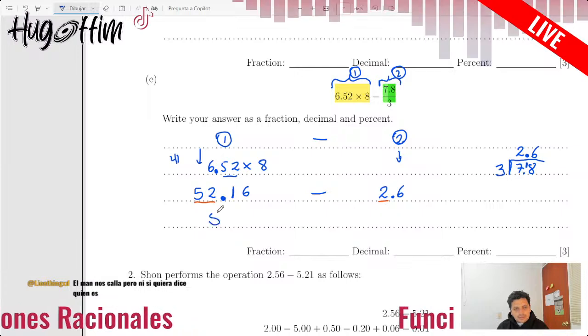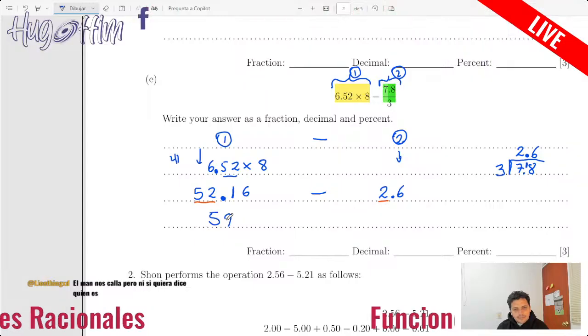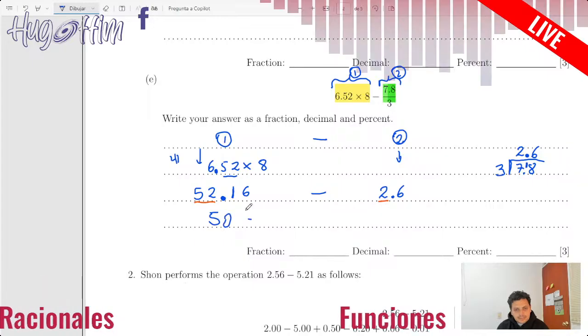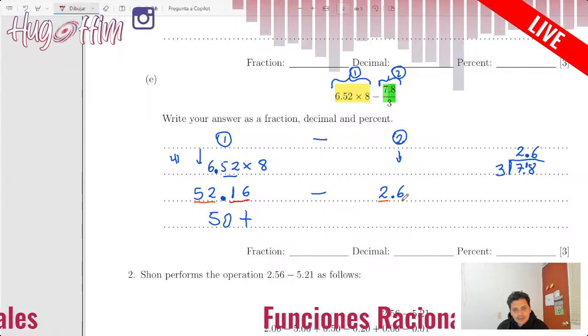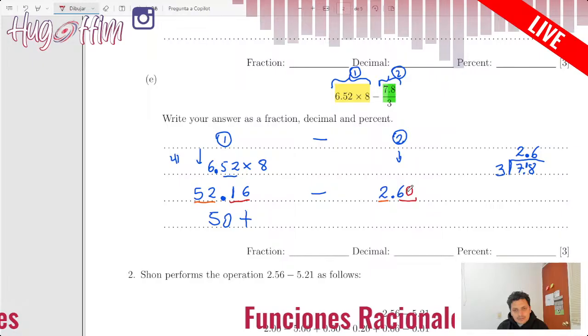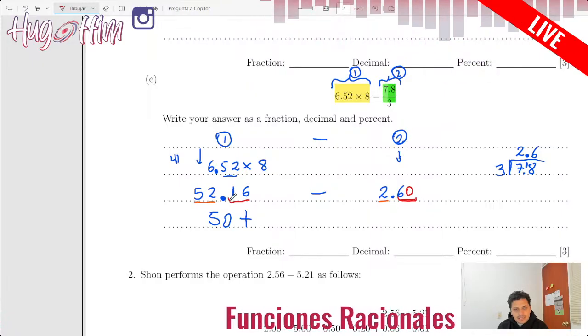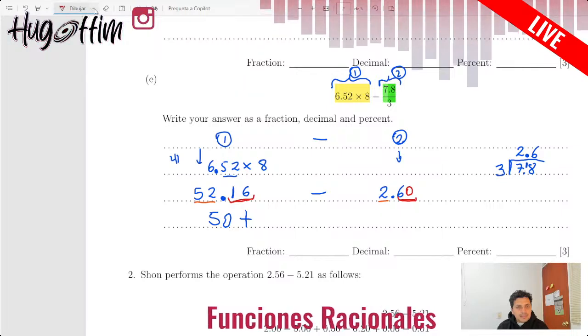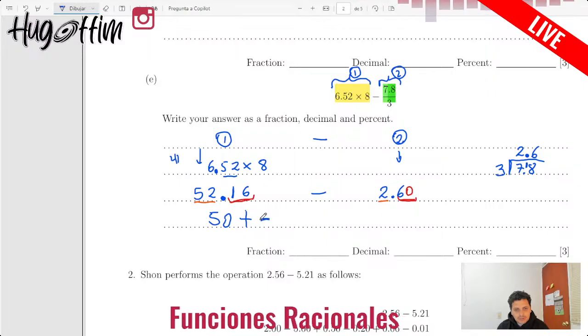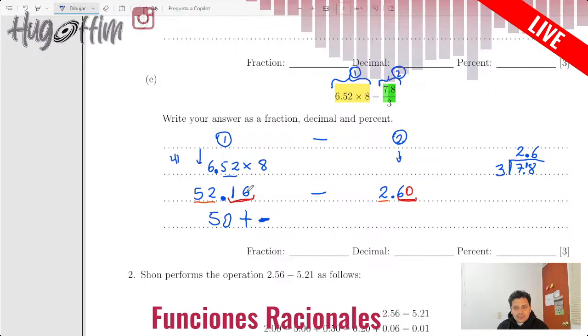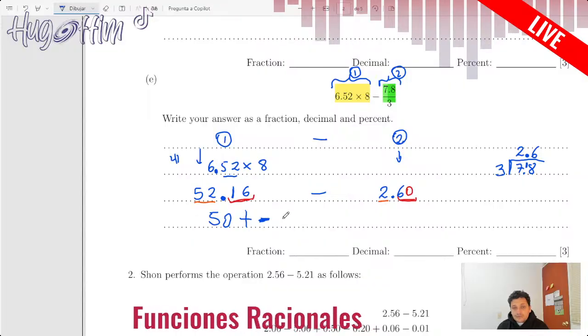50 plus, and I have, let's use red, 16 minus 60. You see, this is 60. 16 minus 60. So it's not going to be plus, it's going to be minus. And 16 minus 60 is going to be 44.